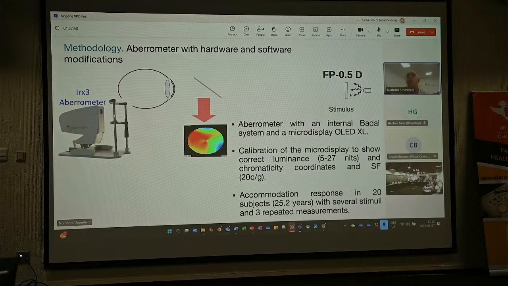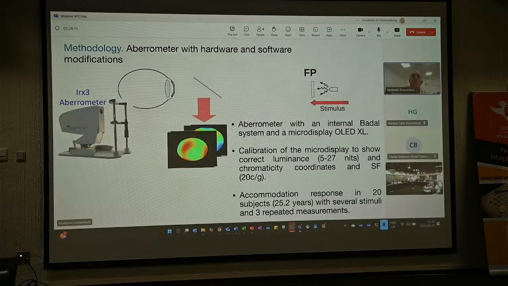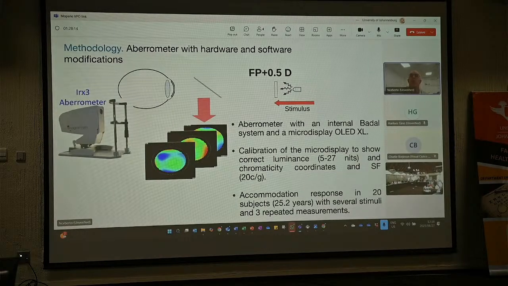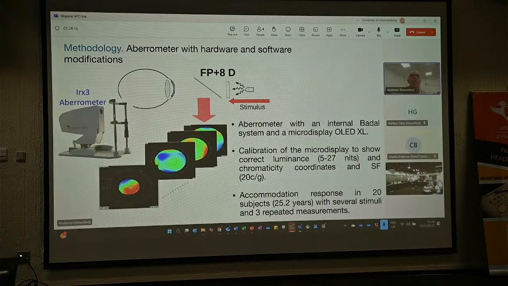Then we put the stimuli, we measure the far point of the subject, put the stimuli beyond his far point and obtain his aberration, and then move to the far point, and then move closer, half diopter, and so on until 8 diopters.